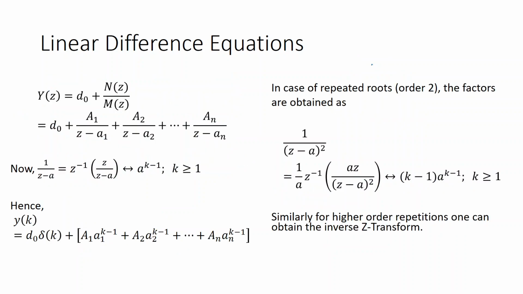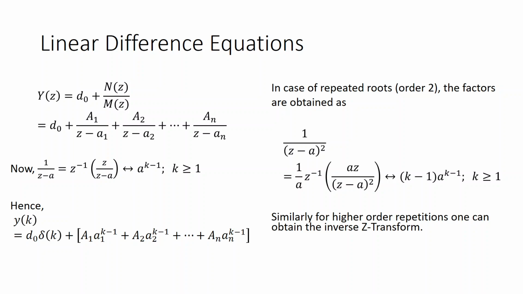To do that, one has to come to a representation where you are breaking the Y(z) down into partial fractions. But for this you have to know the roots of the denominator polynomial, otherwise you will not be able to do it.